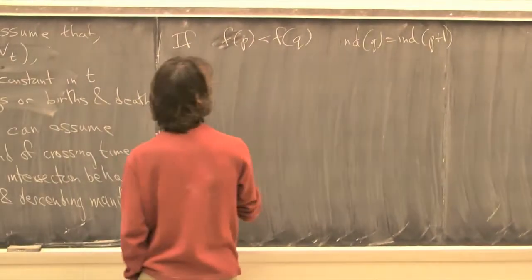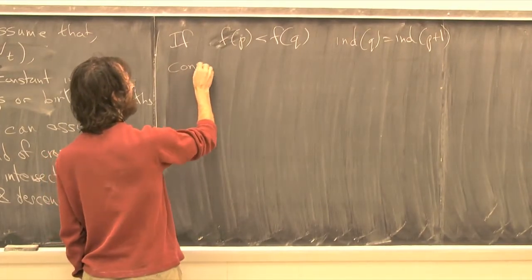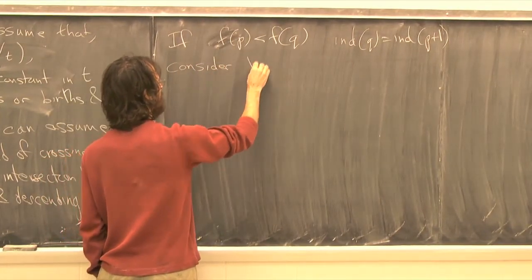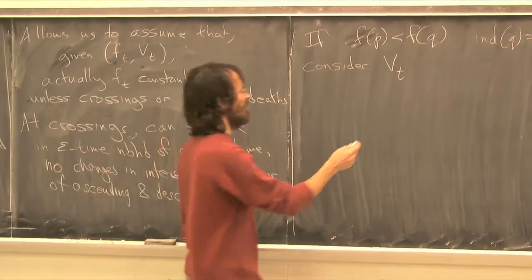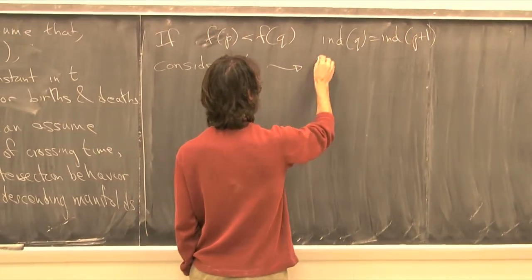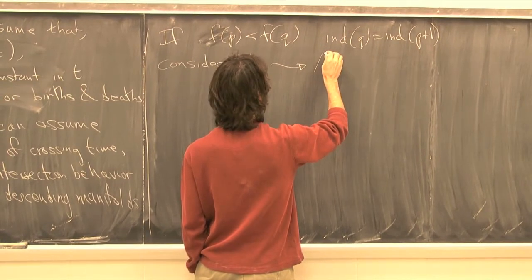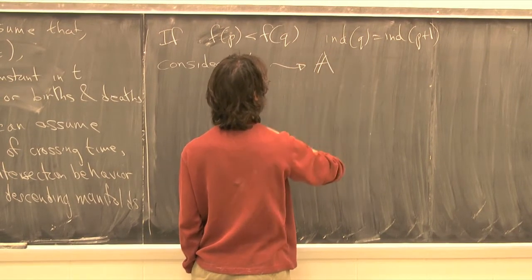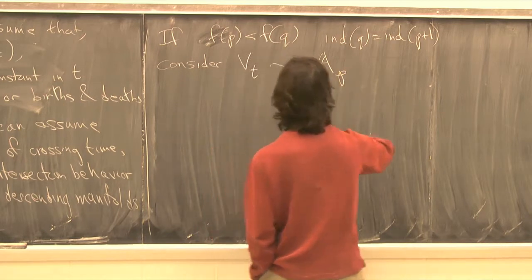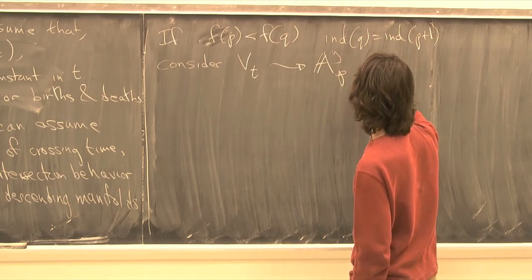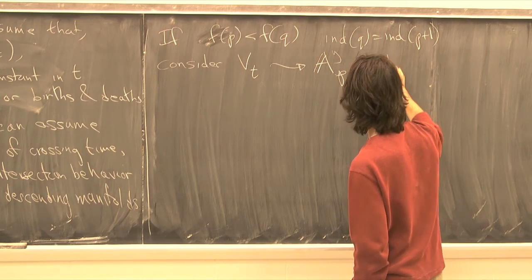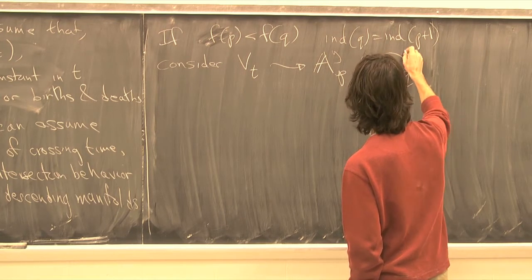And now we consider some time varying gradient-like vector field, giving us, and remember I had this notation, blackboard bold for the ascending and descending manifolds over time.